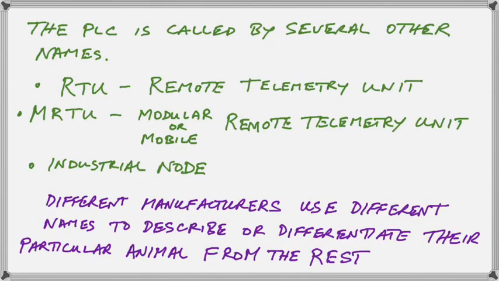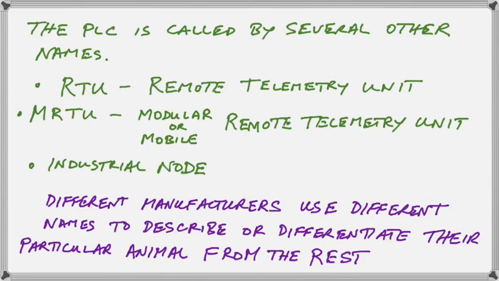In the literature, if you're reading on the internet or studying books or looking at other people's videos or notes, the PLC is sometimes called by different names. We've put down a few of them here. Occasionally it's referred to as an industrial node. Others may refer to it as a remote telemetry unit, and still others may call it a mobile remote telemetry unit or even a modular remote telemetry unit.